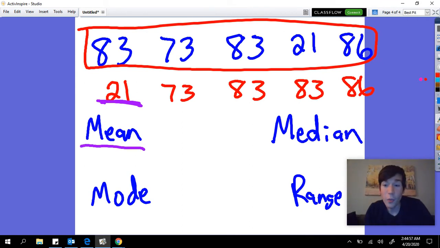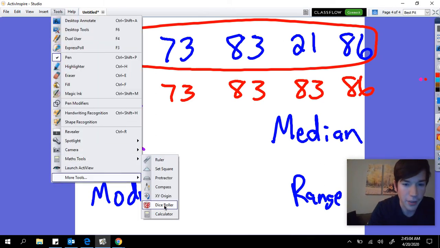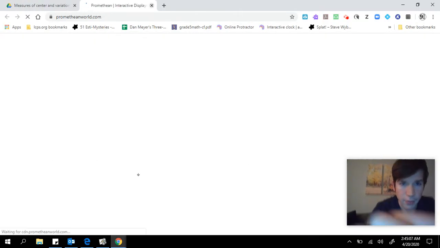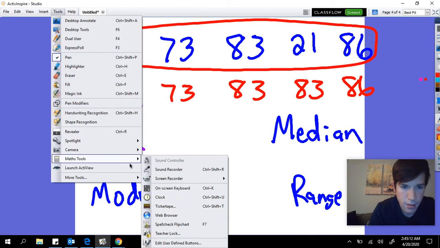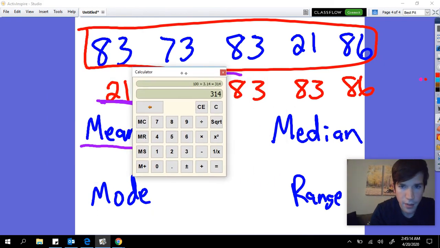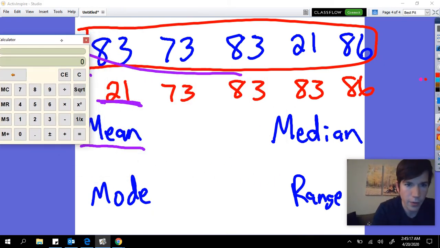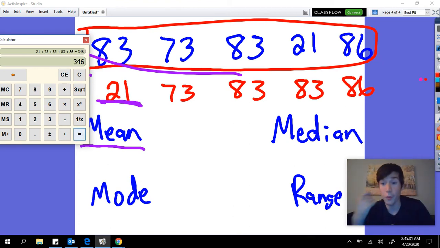Now, first word we're going to be looking at is the mean. To find the mean, we would add all 5 of these numbers together and then divide. So I'm going to use my calculator here. Starting off, we're going to add 21 plus 73 plus 83 plus 83 plus 86, which gives me a total of 346.